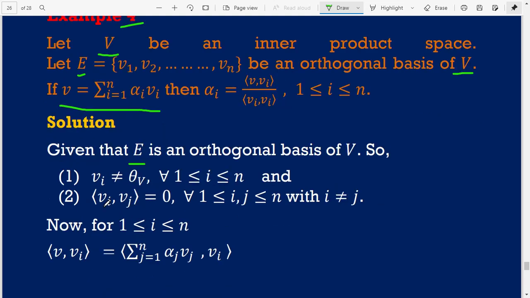And second, the inner product of Vi with Vj is equal to 0 for every 1 ≤ i, j ≤ n with i ≠ j. Now for 1 ≤ i ≤ n, the inner product of V with Vi is equal to the inner product of summation j = 1 to n alpha_j Vj with Vi.